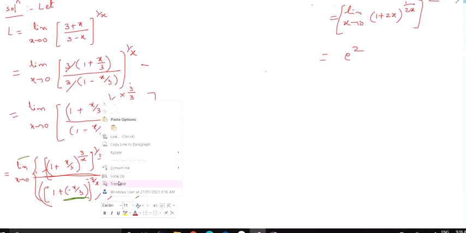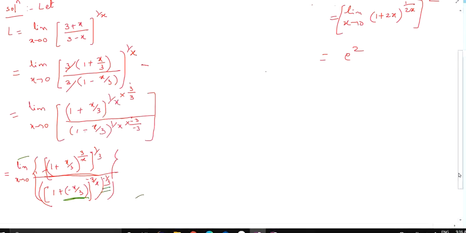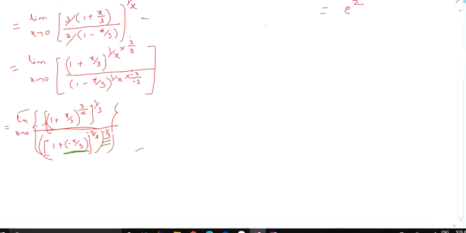This is not very difficult, only an adjustment of the term, and since it is the first example, you may think that it is difficult, but this is not the case. So here we can now take separate limits. Limit x tends to 0 of the first term, that is the numerator, (1 plus x by 3) raised to 3 by x, and this whole term raised to 1 by 3.